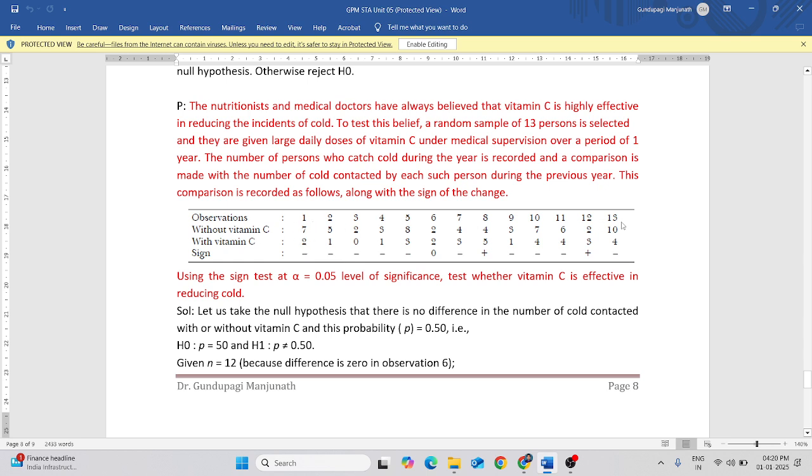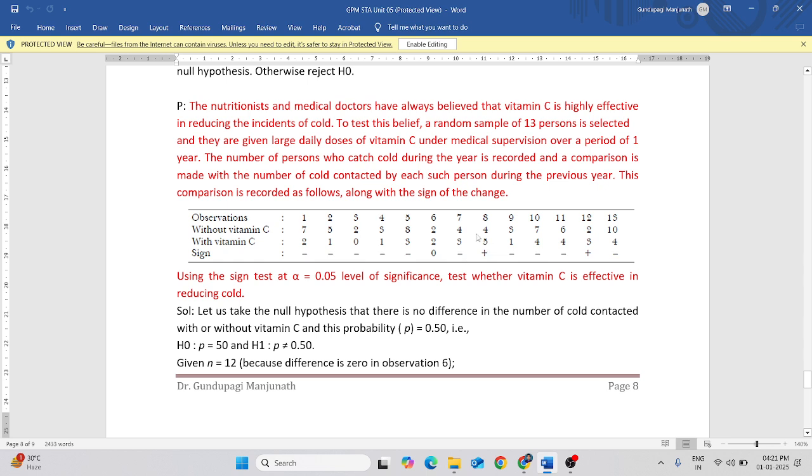Around 13 observations, 13 observations without vitamin C and with vitamin C. See, 7 to 2, so it reduced, so I am using a minus sign here. 5 to 1, minus; 2 to 0, minus; 3 to 1, minus; below 3, and so on, minus. 8 to 3 is below, 8 to 2 is minus. Where there is no change I cannot use addition or minus, so because it is 0, I am considering this as 0.